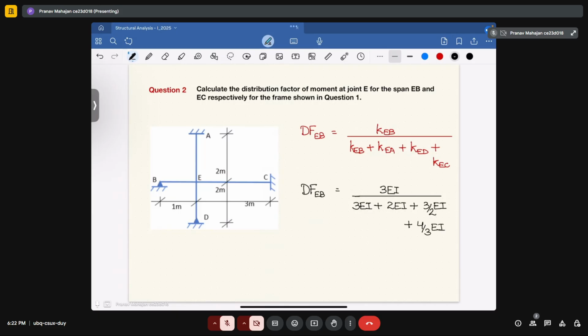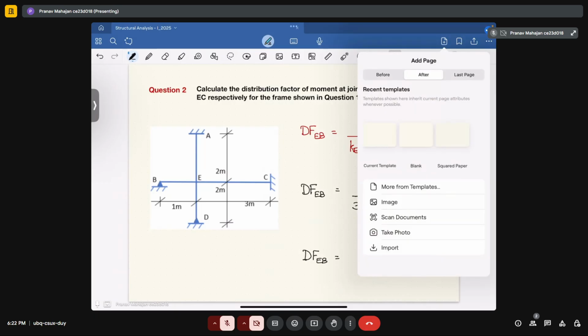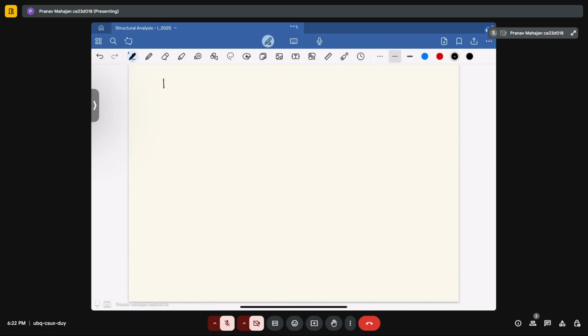If you solve it further, what you will get? You will get DF of EB to be equal to 3 into 6 upon 47, and that will give you the value of DF of EB to be equal to 18 upon 47.